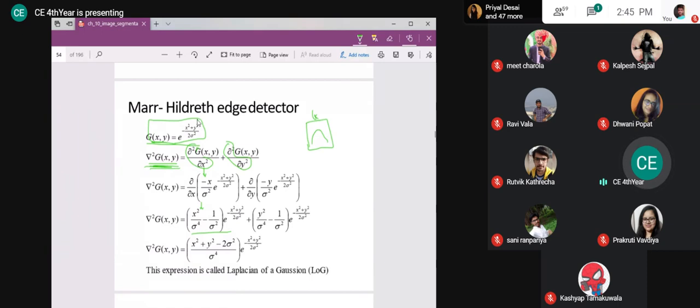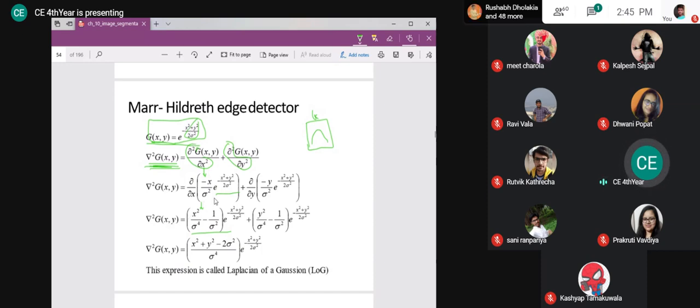Here I will consider this as a constant, so I will not worry about it. The differentiation of an exponential is the exponential itself multiplied with the additional term you have in the expression. So what will it be? Here it will be minus 2x by 2 sigma square. The 2 will get cancelled, and hence it will be minus x by sigma square. That is the first order partial differentiation of g of x,y with respect to x.